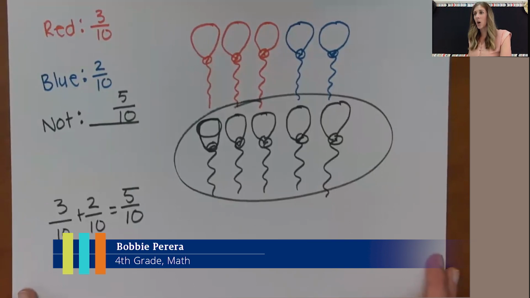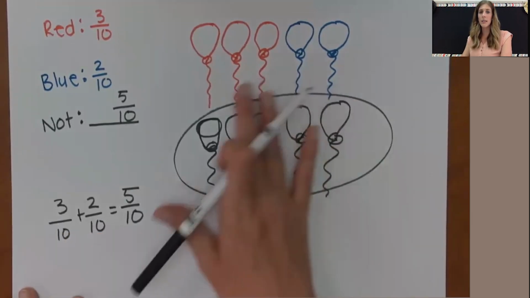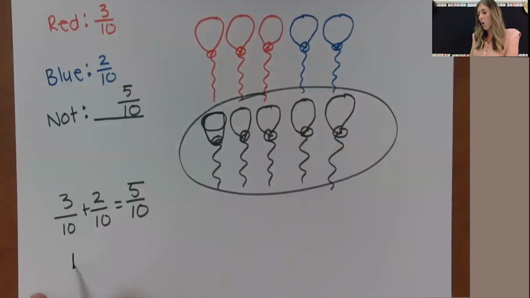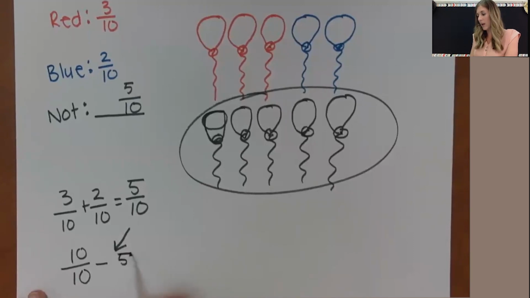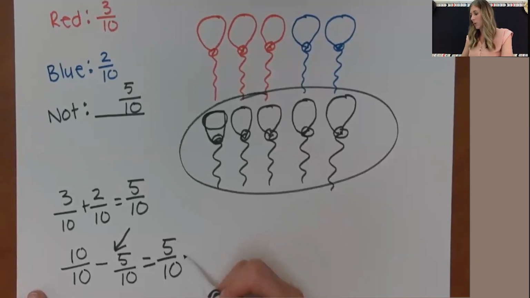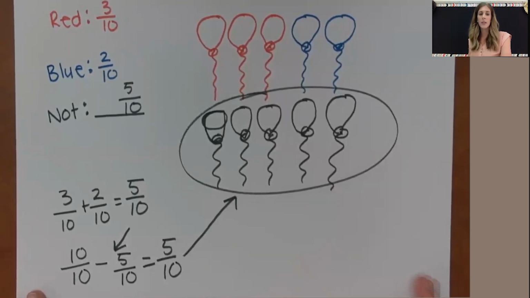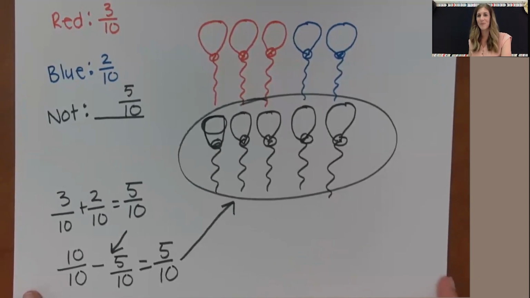Then we have to take our total of balloons, our 10/10, our whole bunch. We have to take away the balloons that are red and blue, and that will leave us with the balloons that are not red or blue.